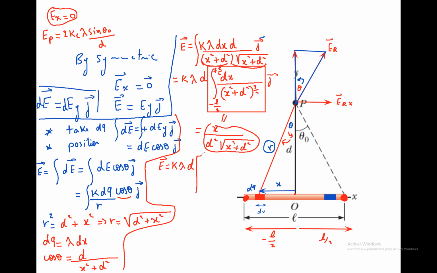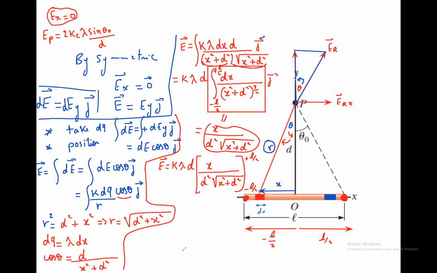Okay, we'll get x divided by d square radical x square plus d square between minus L over 2 and plus L over 2.